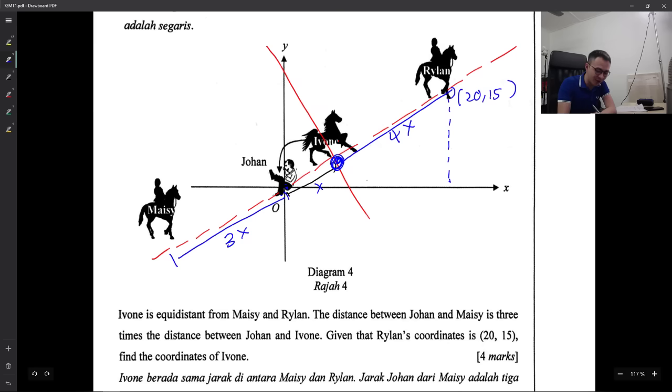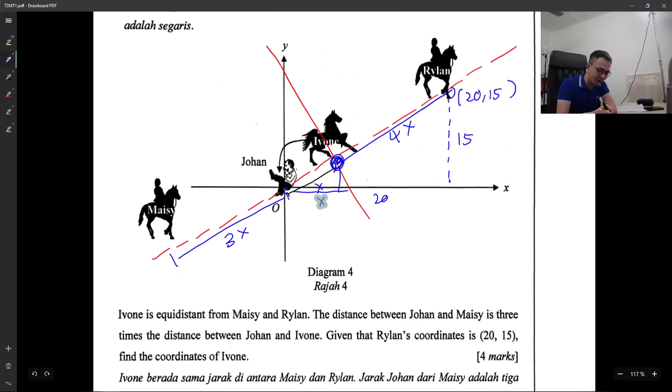Because this triangle over here, this is 5x, right? So that means the ratio is 5. Because this is 20, this is 15. So if I want to get the x here, they're going to move x also, in the ratio of x.